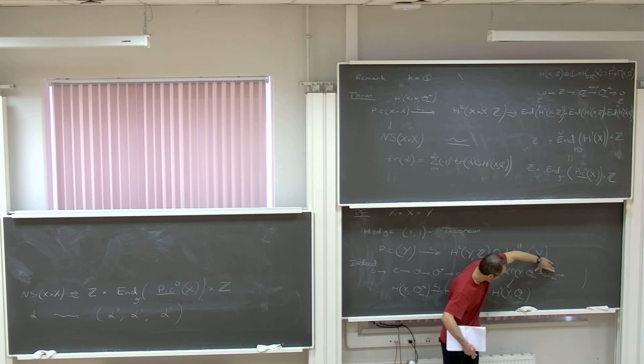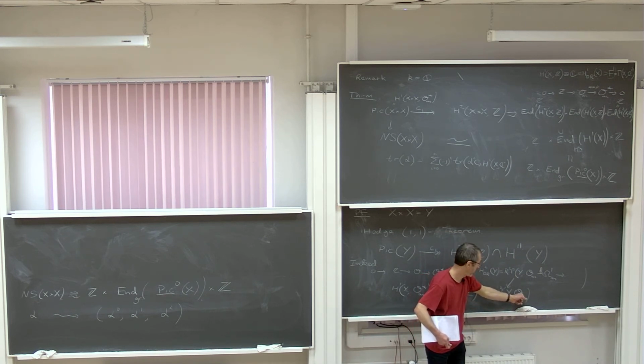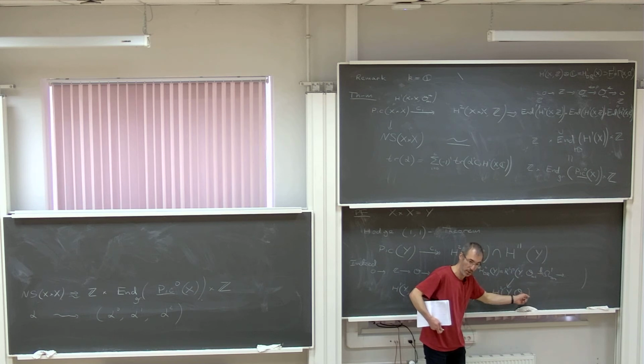You take this complex and you project it to its first term. It's a map of complexes. So I decompose the map from Z to O into a composition of two maps, from Z to this complex and from this complex back to O.